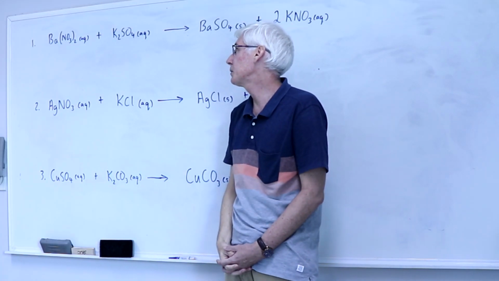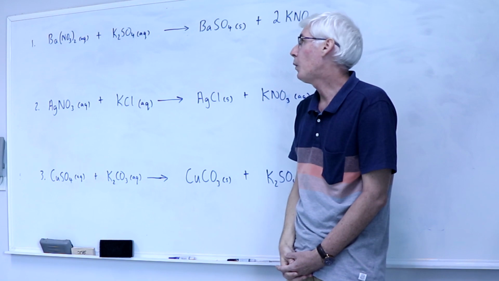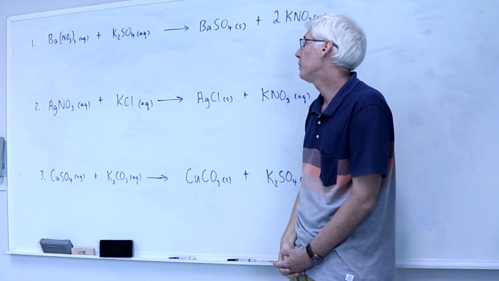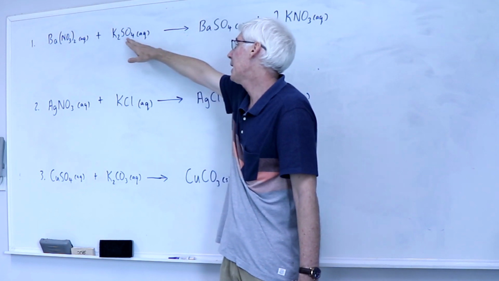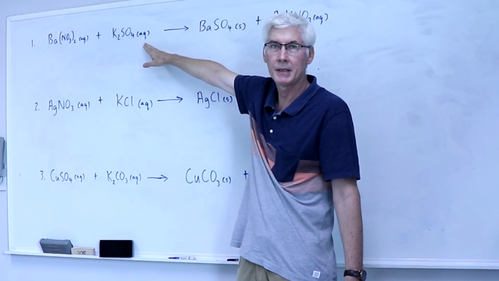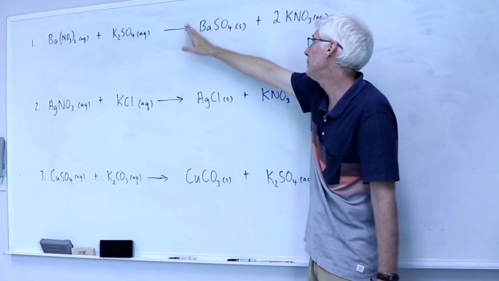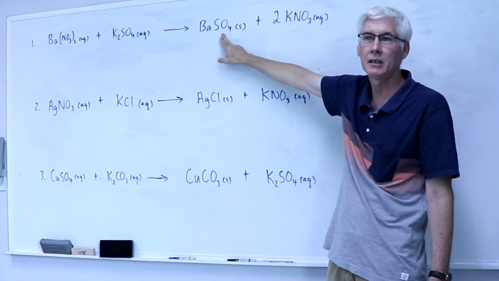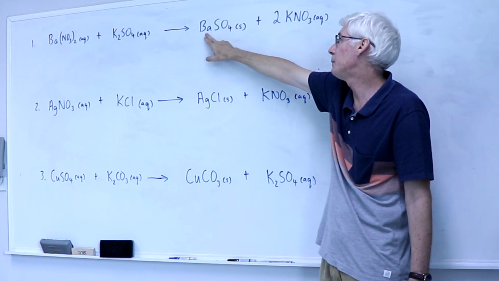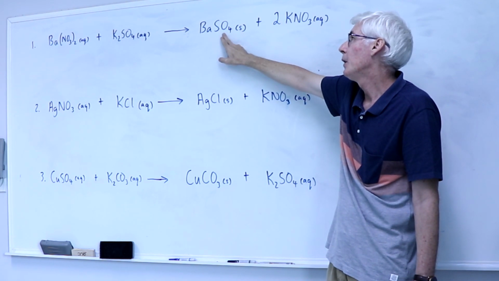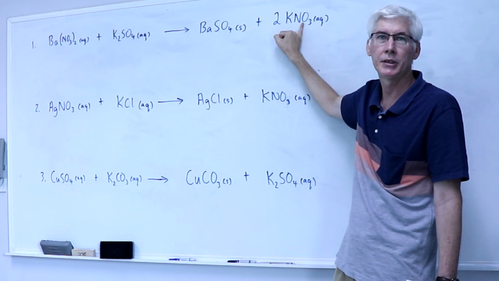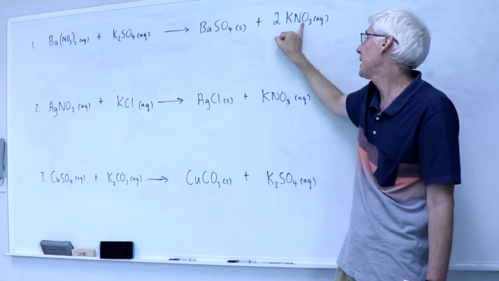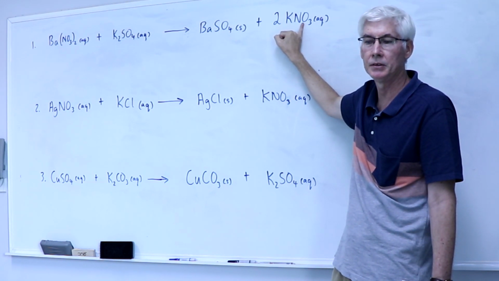When these two solutions mix, the positive ions from one solution will come together with the negative ions from the other solution and we will form a precipitate, a solid. In this case we'll form barium sulfate, while the other positive ion and the other negative ion will stay in solution. And so we'll have potassium and nitrate ions still in solution.